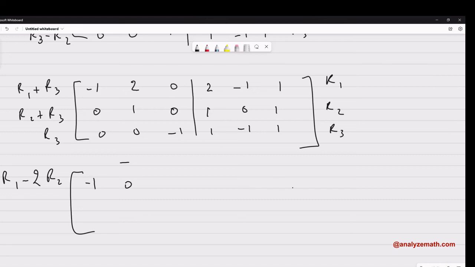Here 0 and 0, no change, 0. Now 2 minus twice 2 is 0. Then -1 minus twice 0 gives -1. And then 1 minus twice 1 gives -1. R2 is unchanged, and R3 is unchanged for now.